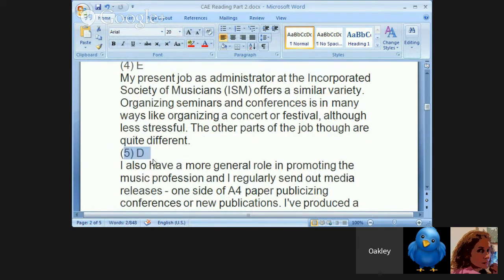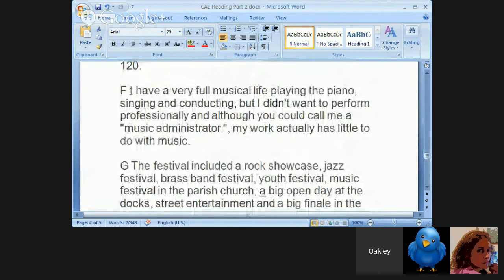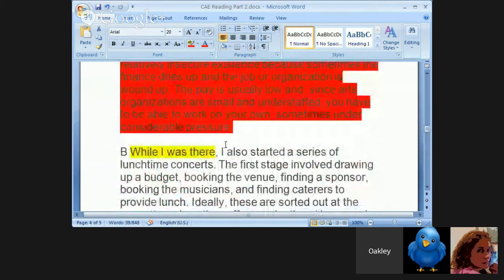Okay. All right. F can't be 3, right? No. You're saying F for 5. Yes, it has to be F for 5 and D for 3. It's the only option I can see. It actually has little to do with music. So wait a minute.